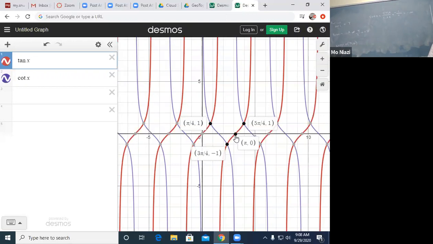So what is the domain and what is the range of cotangent? Oh, what's the period as well?